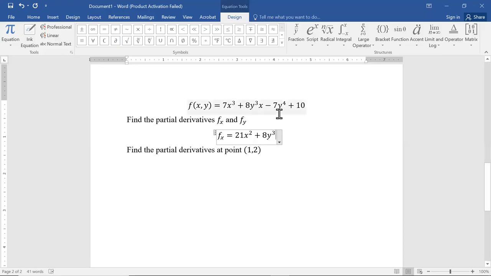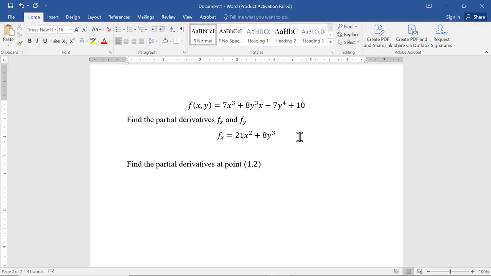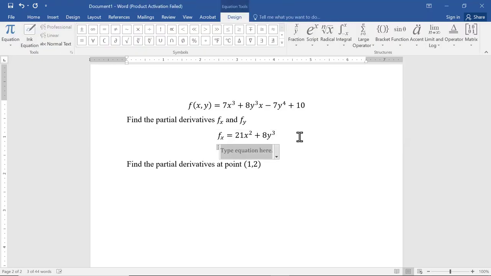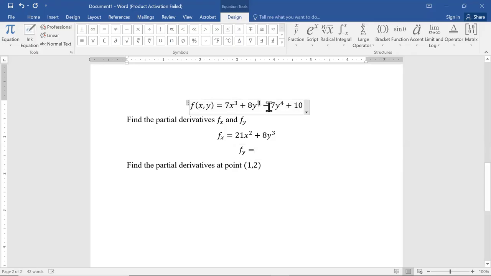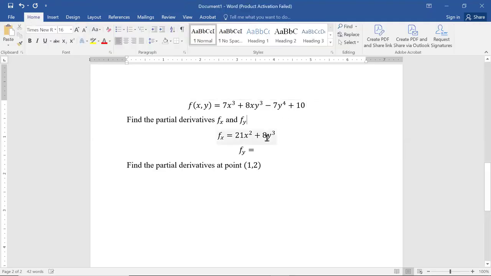So I get 0 when I take the derivative of that term, and I get 0 when I take the derivative of 10. So f sub x is 21x squared plus 8y to the third. And now I can go on and calculate my f sub y. By the way, once you get used to this, generally speaking, I don't rearrange the order of the variables.